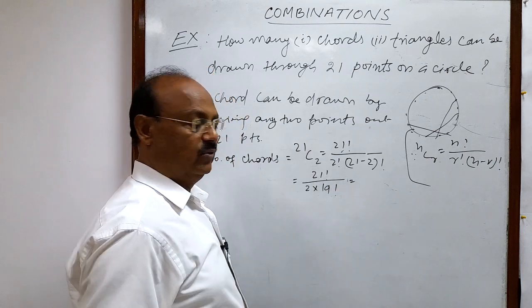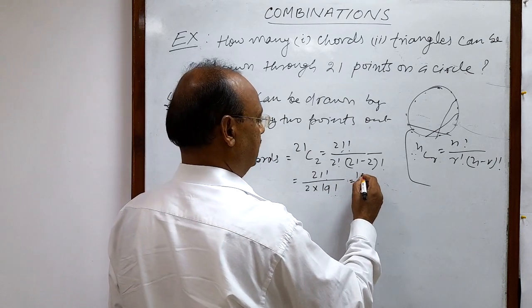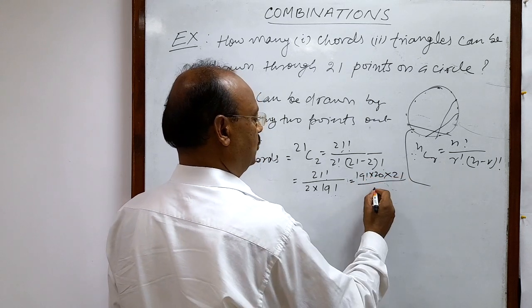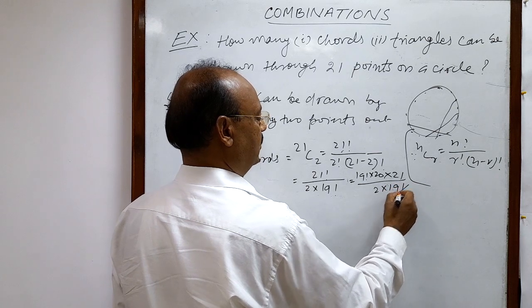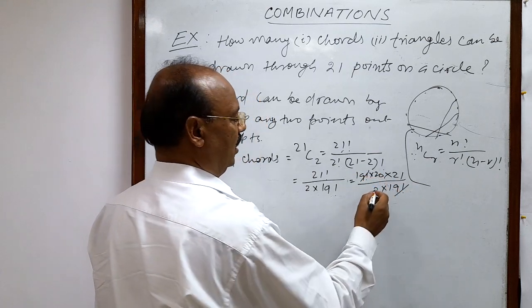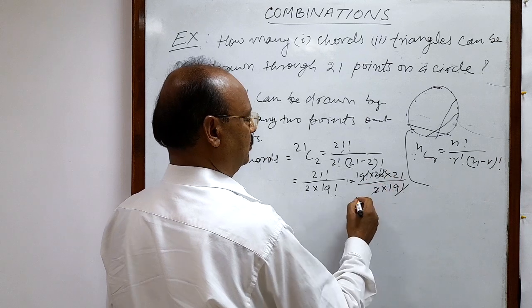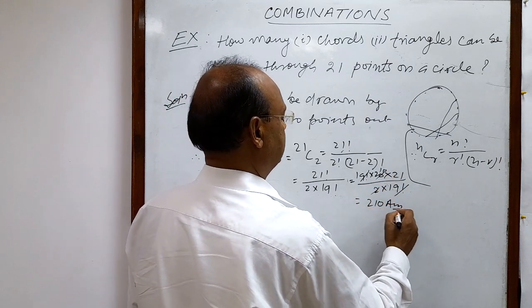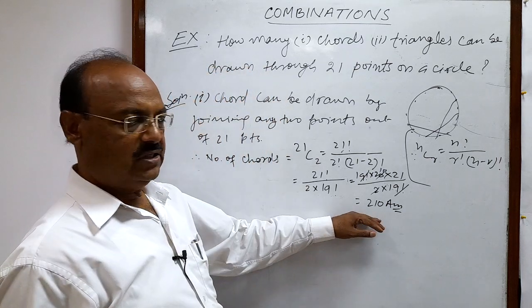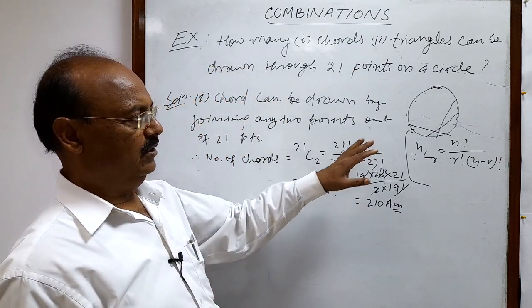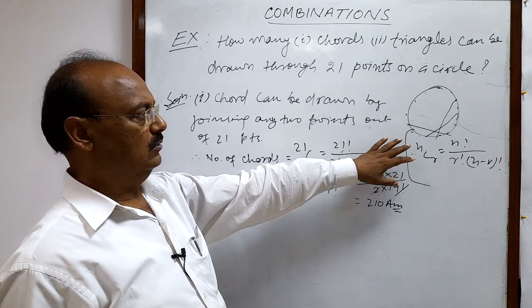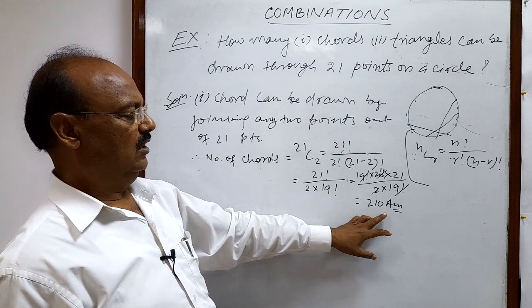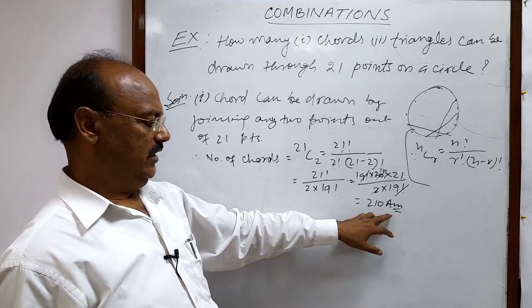So 21 factorial can be written as 19 factorial into 20 into 21, and here 2 into 19 factorial. The 19 factorials cancel out, and this is equal to 10 into 21, which is 210. This is the answer. So the number of possible chords formed from the given 21 points will be 210.